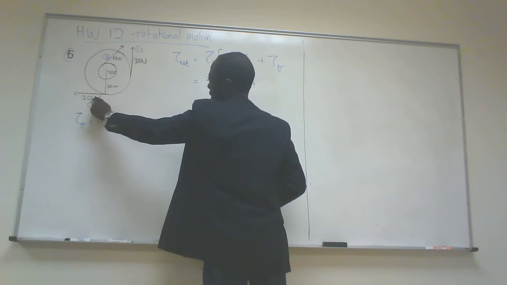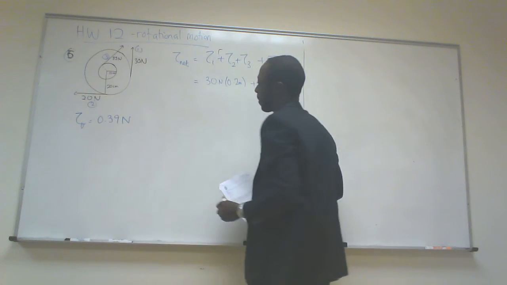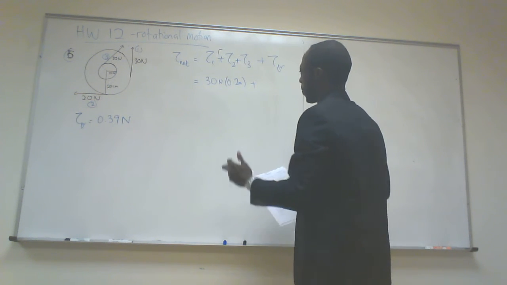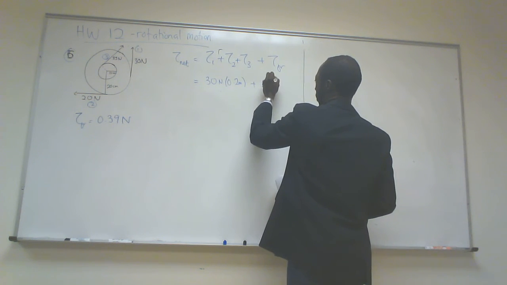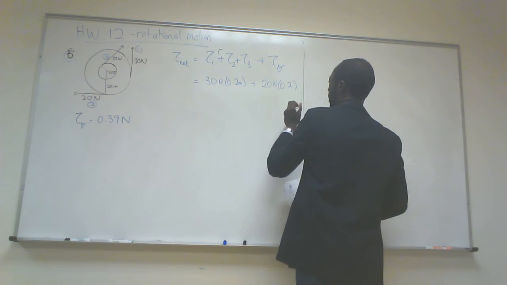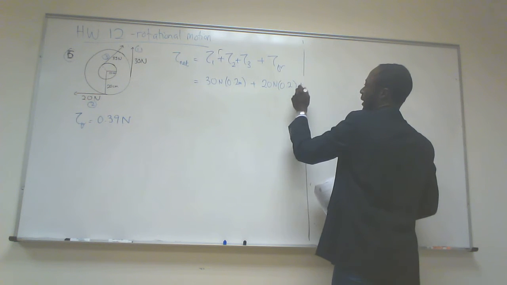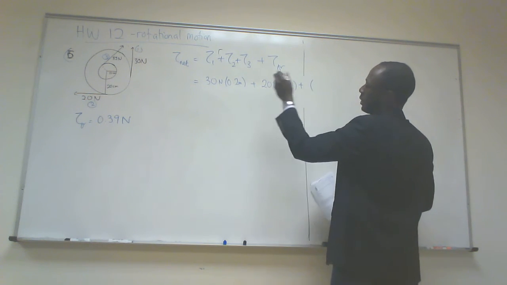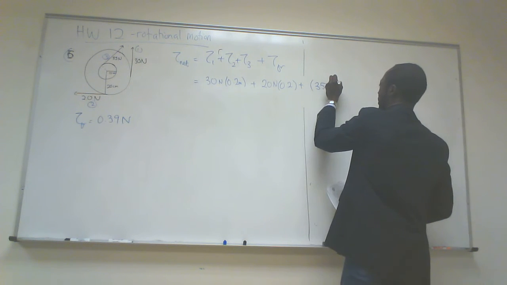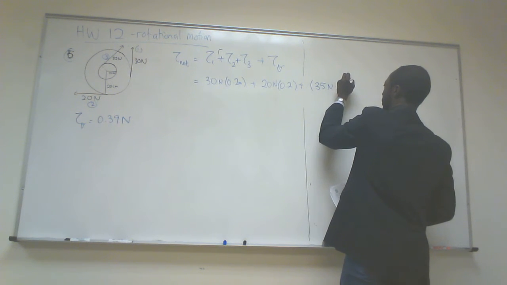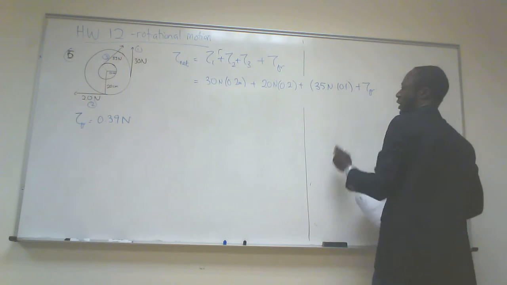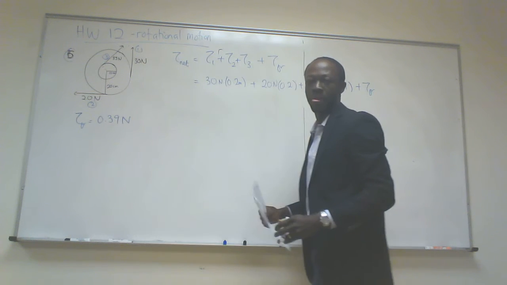Torque 2 is 20 newtons also times 0.2. Torque 3 is 35 newtons times the distance of 0.1. And all of this plus our frictional torque should give us the net torque acting on the system.